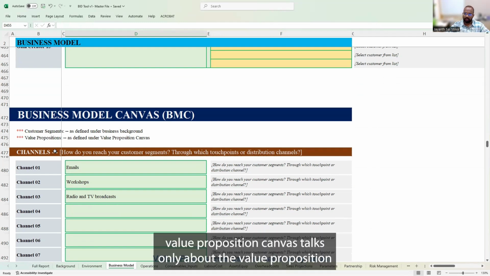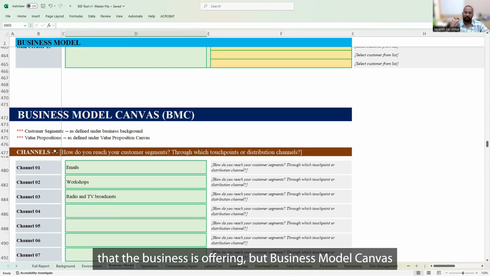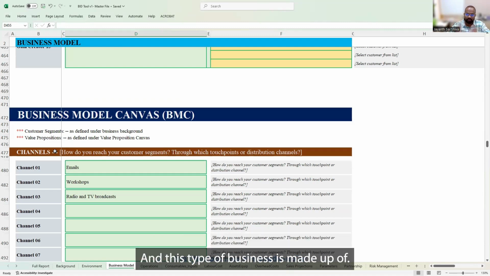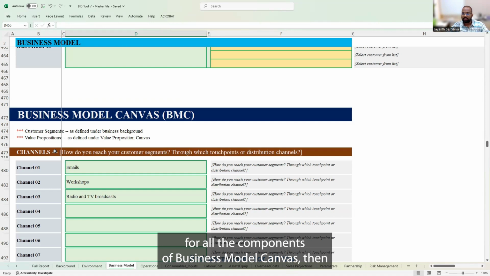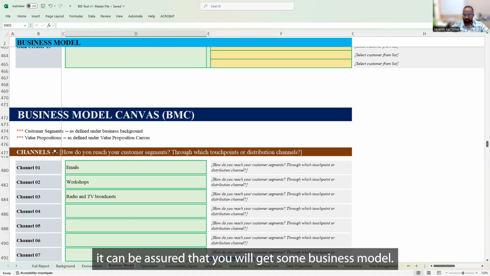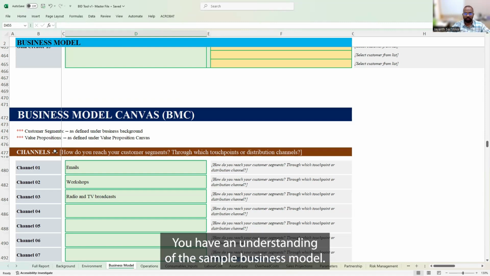Value proposition canvas talks only about the value proposition that the business is offering, but business model canvas talks about several other aspects in addition to the value proposition that the business is made up of. And if you're able to find an answer for all the components of business model canvas, then it can be assured that you have an understanding of a sound business model.